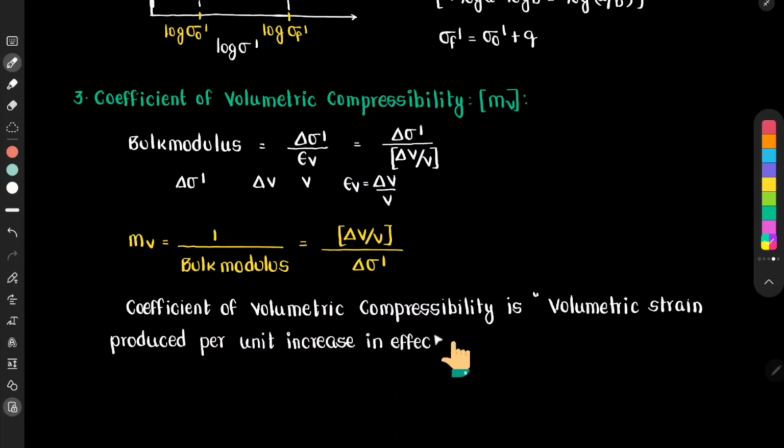If the stress is increased by 1 unit, then what is the volumetric strain that we can see in the soil? That is what the coefficient of volumetric compressibility says: volumetric strain produced per unit increase in effective stress of soil.